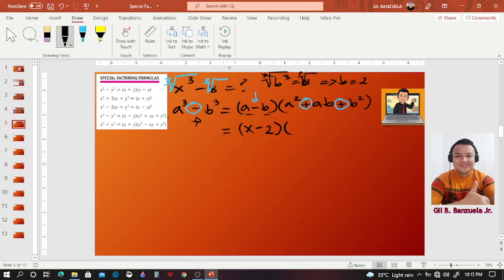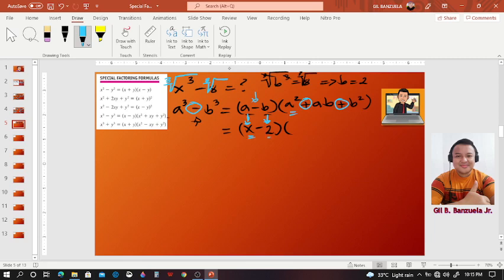Now, according to the pattern, I need to get a squared. So my a is x and my b is 2. Just like what we did during our special products, we simply plug in the values of a and b.